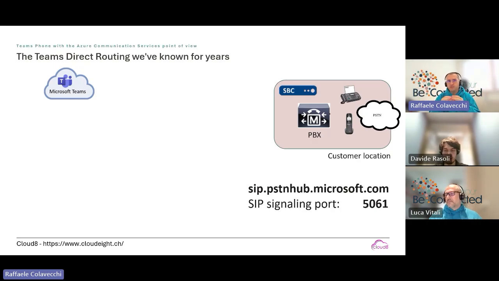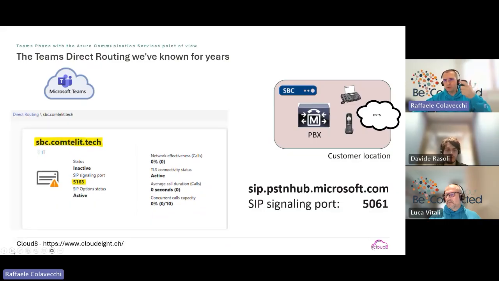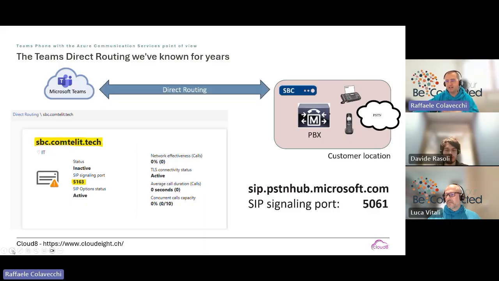To complete Direct Routing and have our phone number inside Teams Phone, we need to go to Teams and configure the name of our SBC at the customer location. With these two simple configurations, we can create a SIP trunk. This SIP trunk is called Microsoft Direct Routing. And this is a simple slide that all people who do Teams Phone configuration know very well.